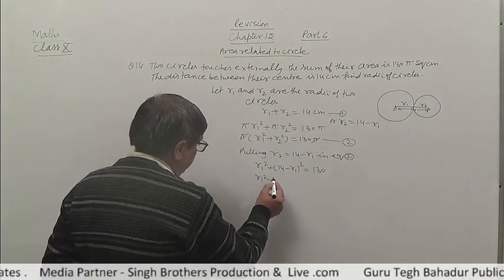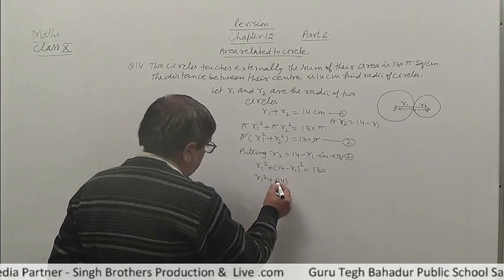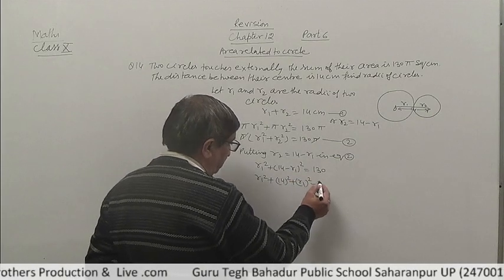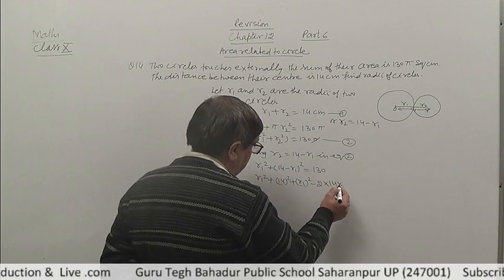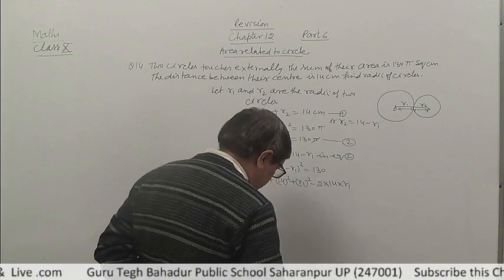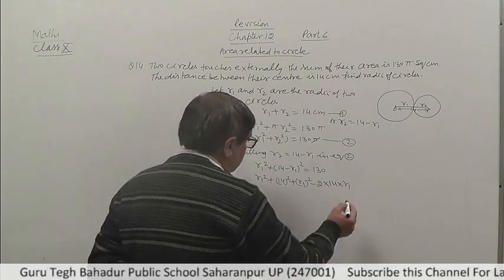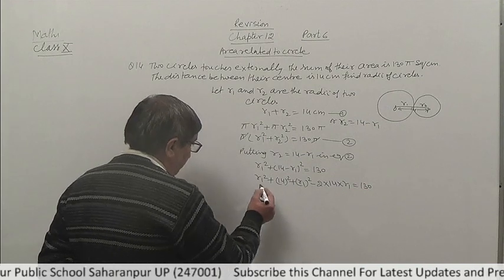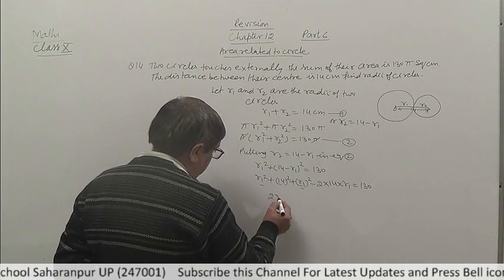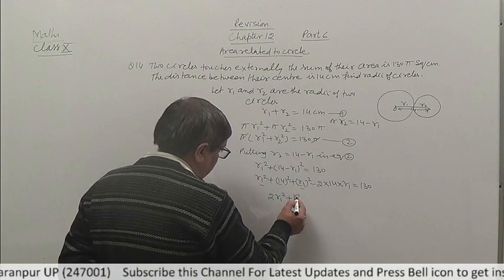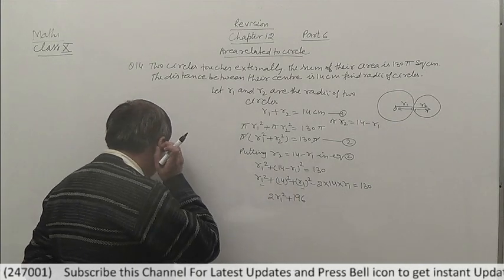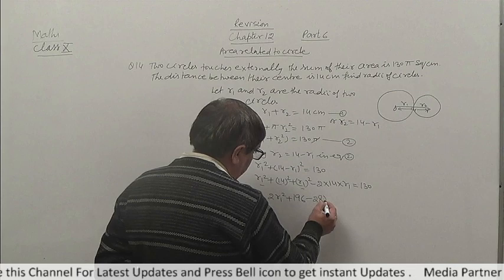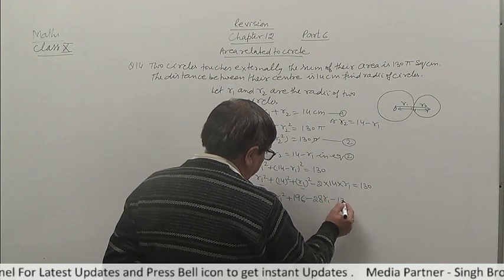R1 square plus 14 square plus R1 square minus 2 into 14 into R1. (A minus B) whole square is A square plus B square minus 2AB. R1 square and R1 square make 2R1 square, 14 square is 196, minus 28 R1, equals 130.